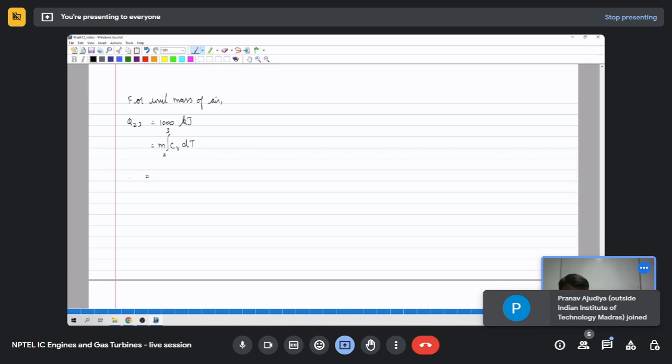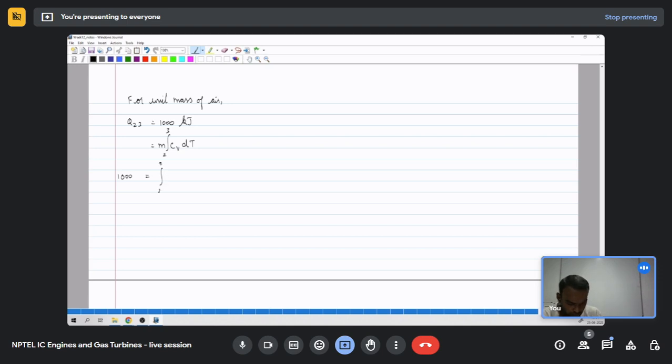So 1000 kilojoules equals the integral from 2 to 3 of (0.709 plus 0.000028 T) dT. Then we have 0.709 (T3 minus T2) plus 0.000028 times (T3 square minus T2 square) by 2.